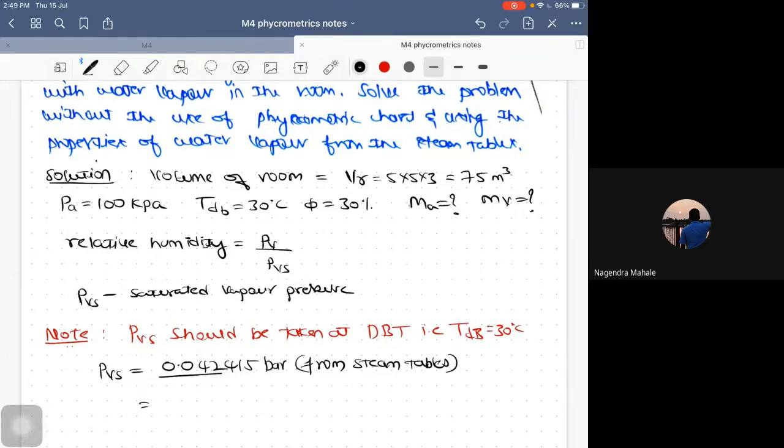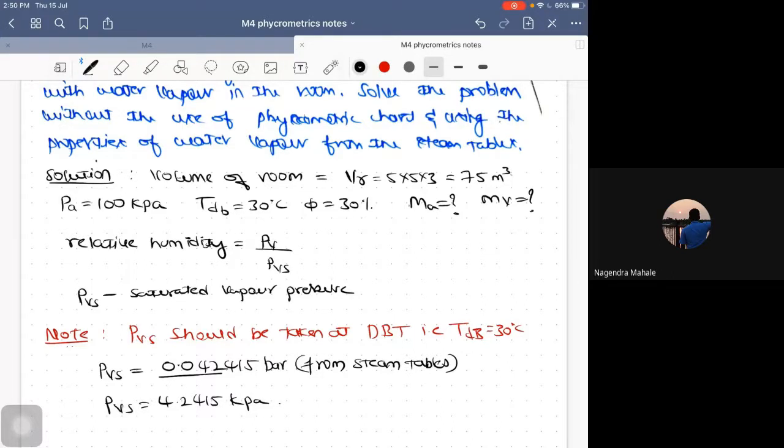Now convert into kPa. How do you convert bar into kPa? Multiply by 100. So it is 4.2415 kPa, because PA is given in kPa.